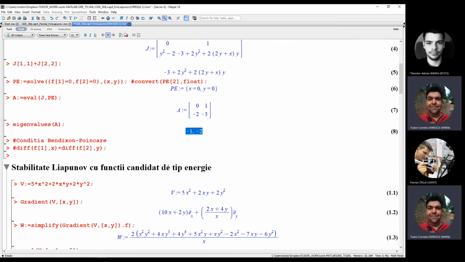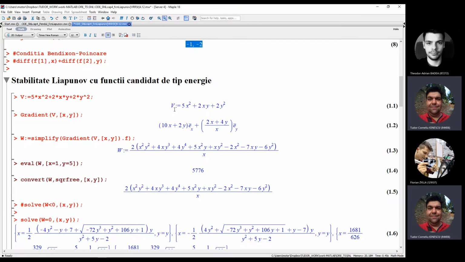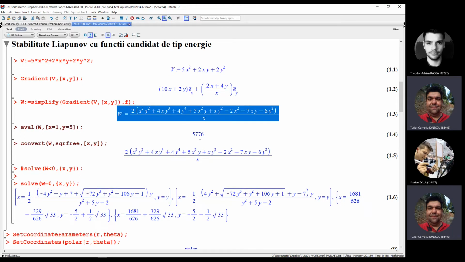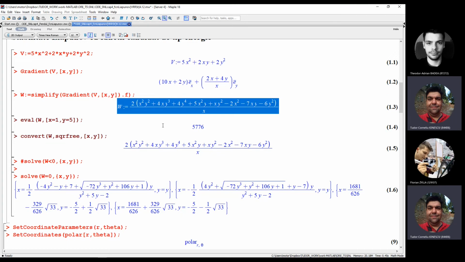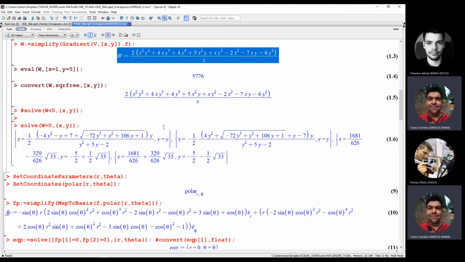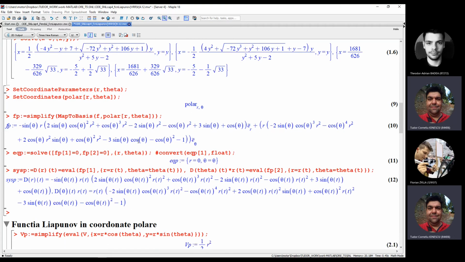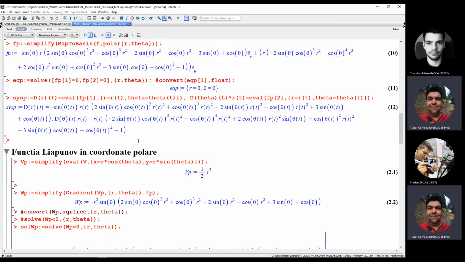Just like we discussed. And we have this Lyapunov candidate function. I don't know who cooked it up, but this is the W here, if you look closely. It's a bit difficult to use the W to show something.